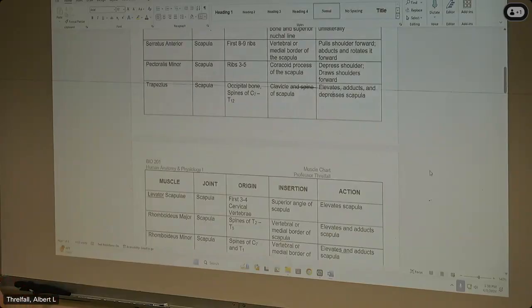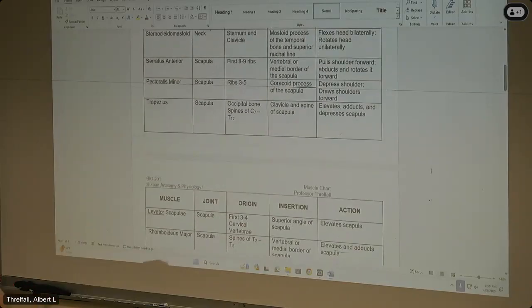So if somebody said the trapezius is its own antagonist, that's actually true. Why? What do you see? It elevates and depresses the scapula. So you have the ability to contract the superior part of your trapezius and elevate the scapula, or the inferior part of the trapezius and depress your scapula.